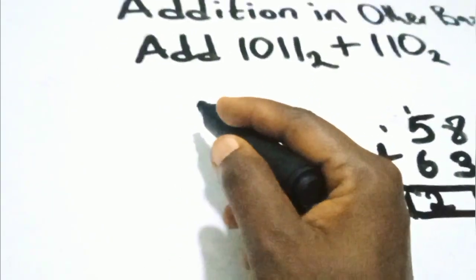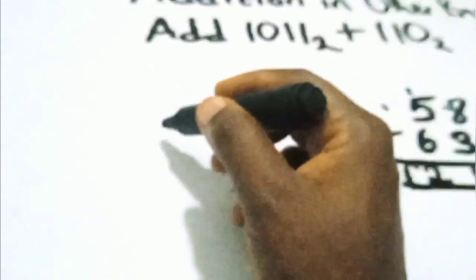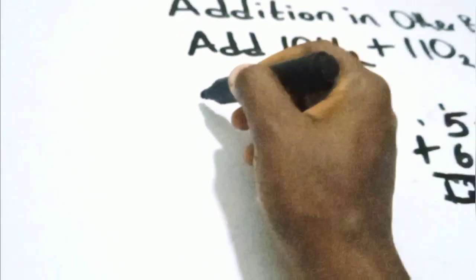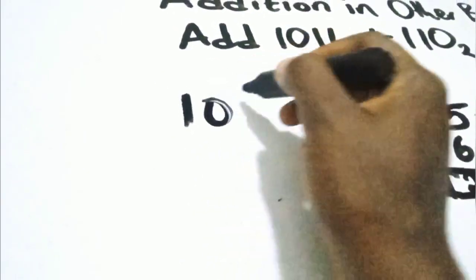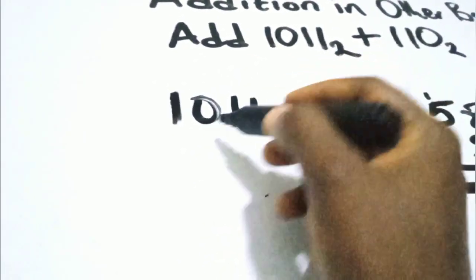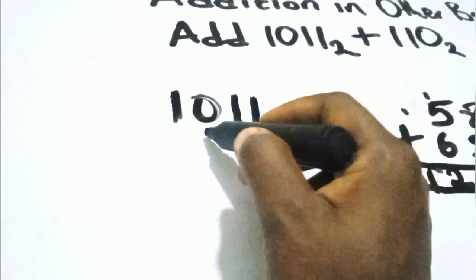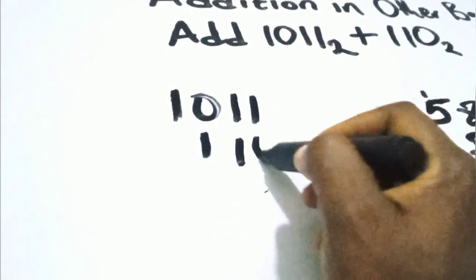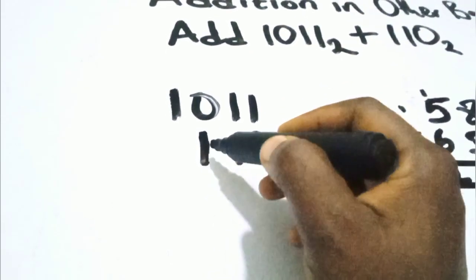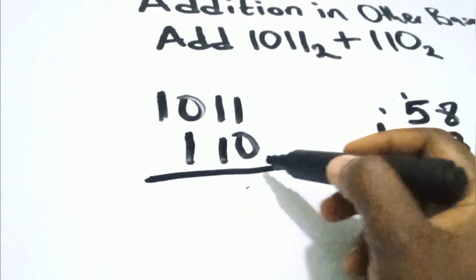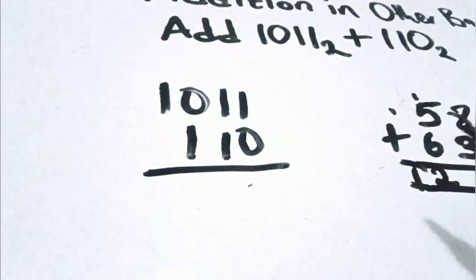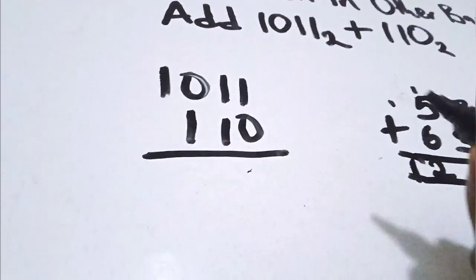Like this one, we have to add 1011 base 2 and 110 base 2. Let us add it. 1011 base 2 plus 110 base 2. Remember, this number is in base 2, so the highest digit in base 2 is 1.